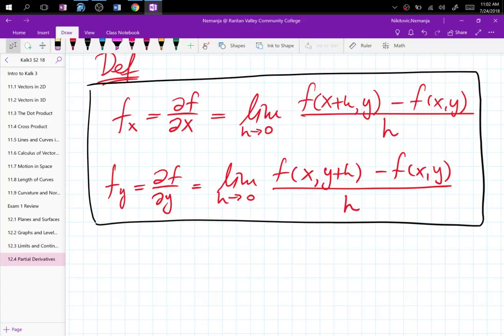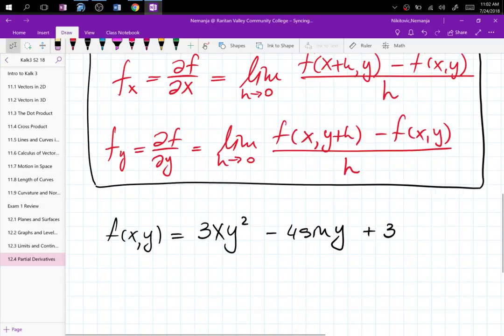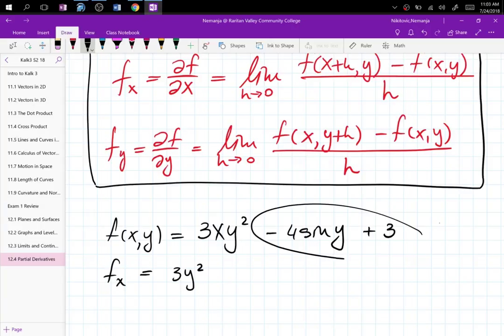So if I have f of x y, which is our function, to be 3xy squared minus 4 sine y plus 3, if I look for partial derivative in respect to x, the only term that I have to consider is the first term, because that's the only term that has x's. So derivative is 3y squared. The rest, the other two terms die because they're constant in respect to x. There are no x's in these terms, so they're both gone.